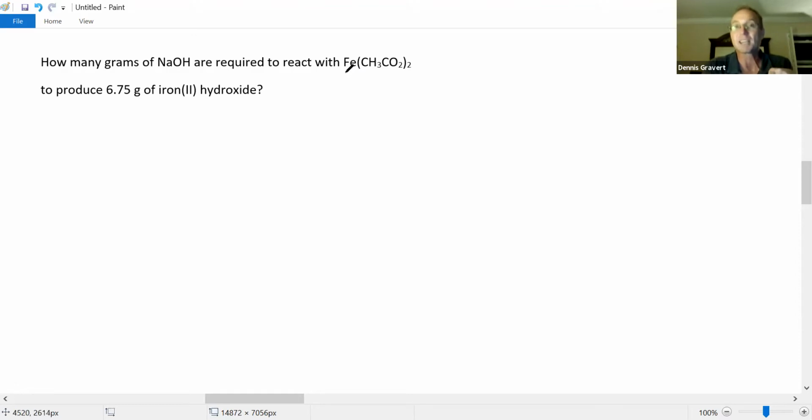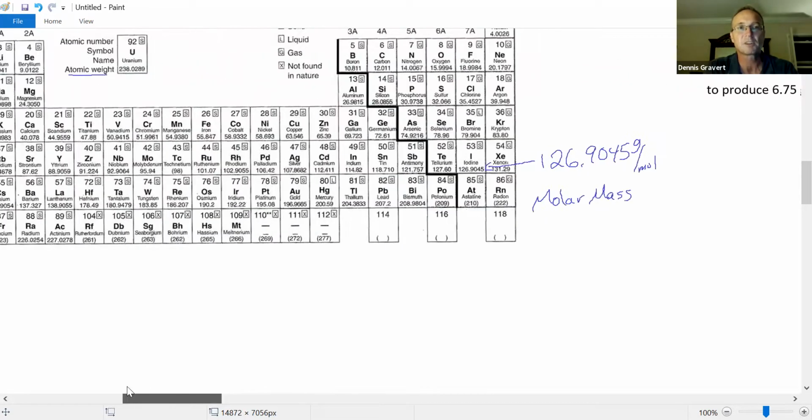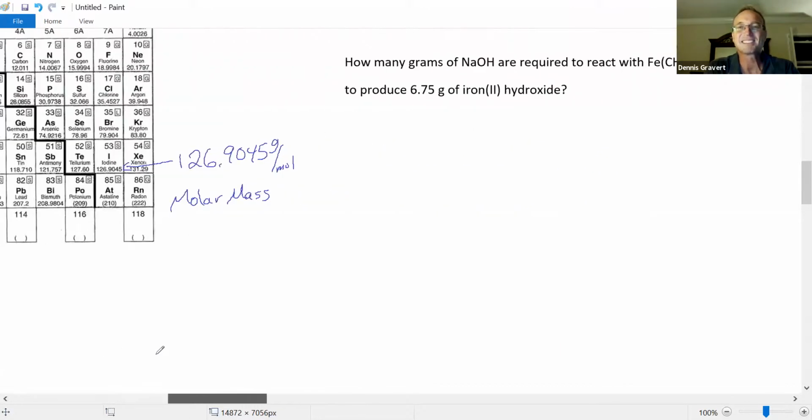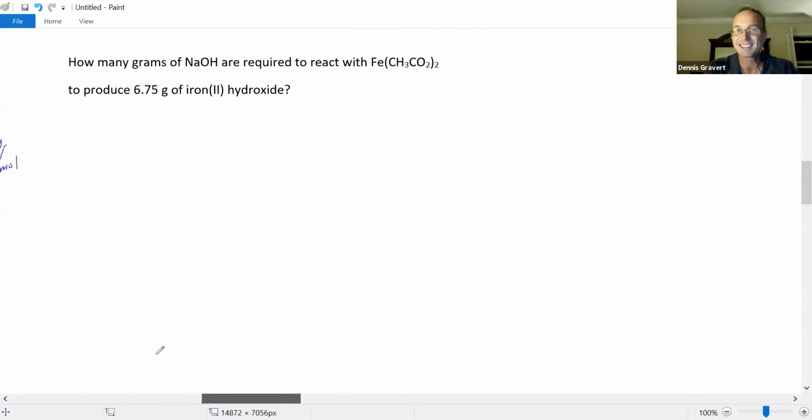If we go to the periodic table, we can look up Fe. You don't have to memorize that. Here's the periodic table, here's Fe, and it's iron. So this is iron acetate. Iron's a transition metal, so we really should identify its charge. Acetate, again, you have to know your polyatomic ions to know this.